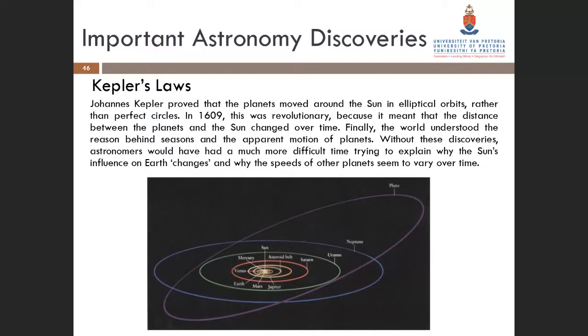We will go through this as well. But Johannes Kepler proved that planets move around the Sun in elliptical orbits rather than perfect circles. In 1609, this was revolutionary because it meant that the distance between the planets and the Sun changed over time. Finally, the world understood the reason behind seasons and the apparent motion of planets.